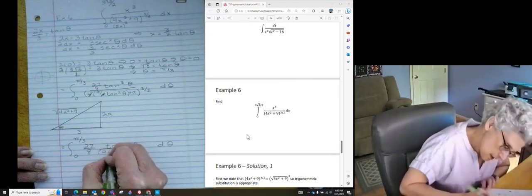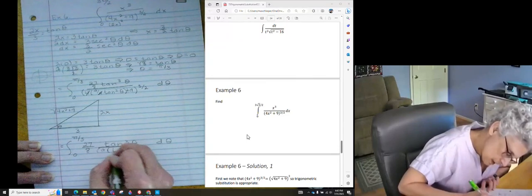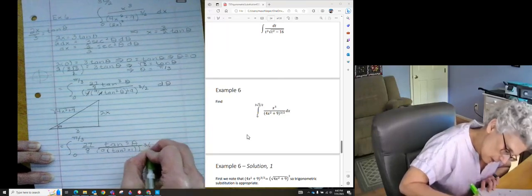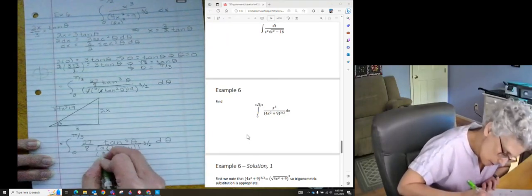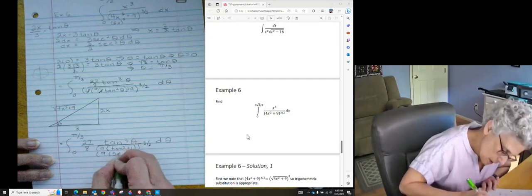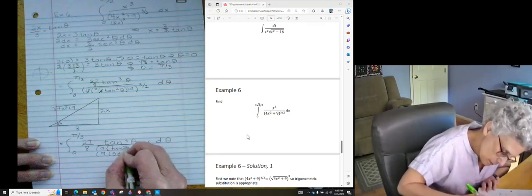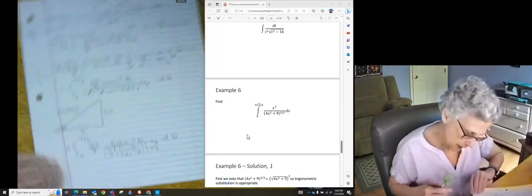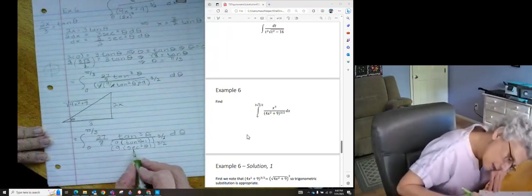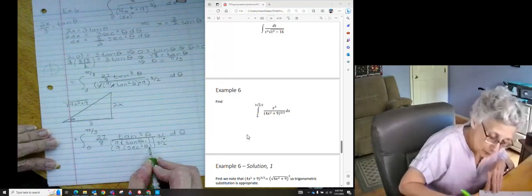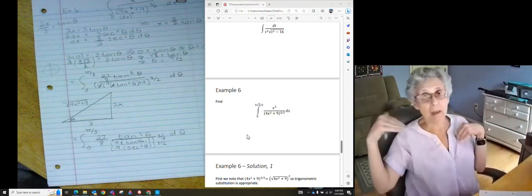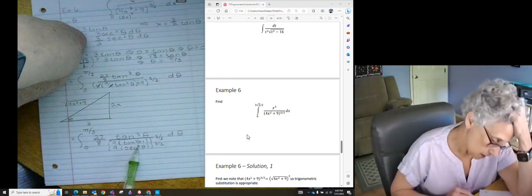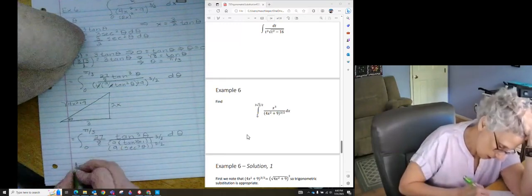So I have 9 times tangent squared plus 1 to the 3 halves, which would be 9 times secant squared of theta to the 3 halves. Remember, if you have a power raised to a power, that means you multiply. So that 2 cancels with that 2.